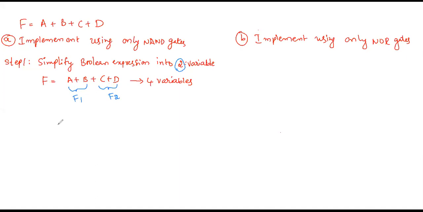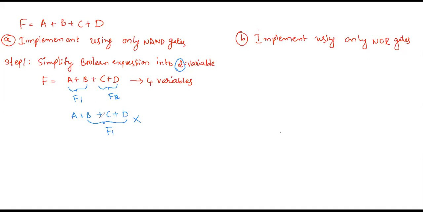This is one possibility. Next, for the expression A + B + C + D, you can consider B + C + D as one function, but here the limitation is you should not consider three variables as a function.